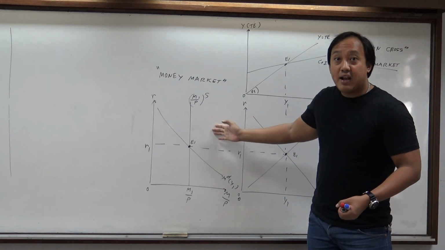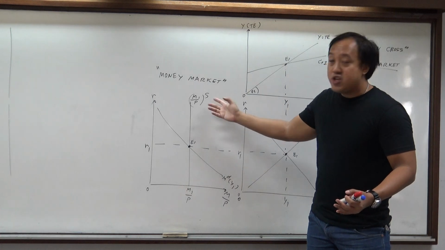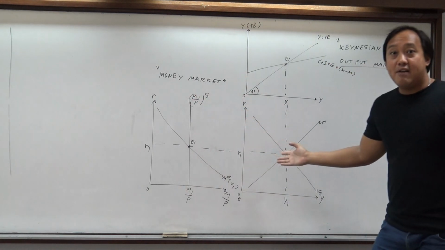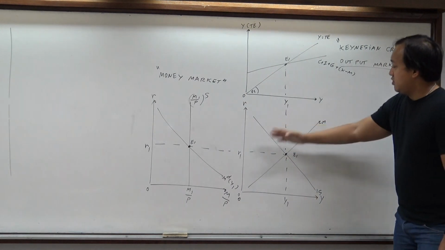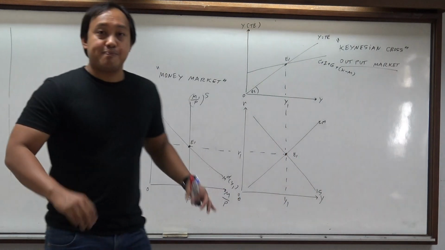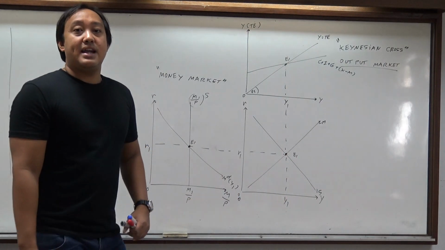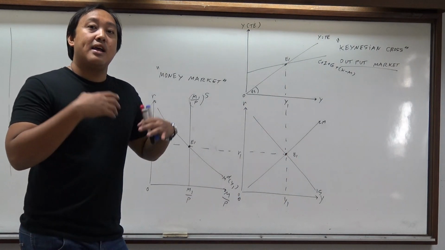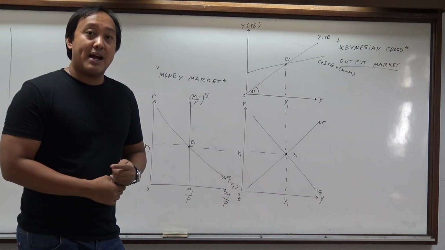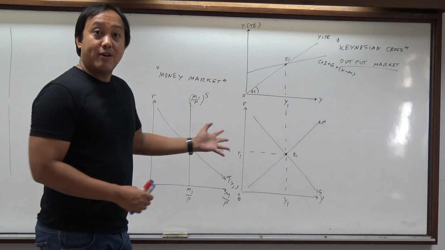And here, if something changes, if the central bank changes the money supply, the LM curve is going to move. So the IS and LM model shows the equilibrium point in the output market and money market at the same time. So far so good.